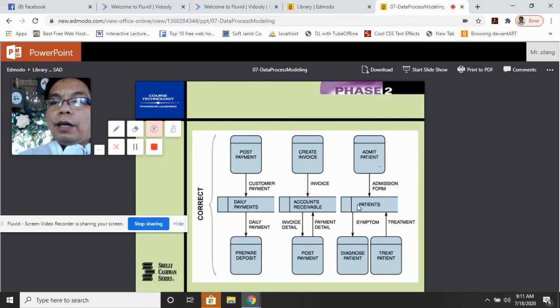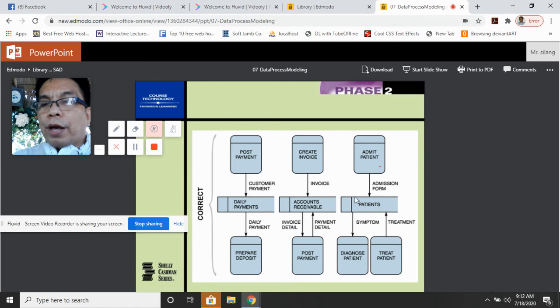Let's take a look at patient. When we admit a patient, the admission form will be stored inside a database or maybe an index card or something. For every symptom reported by the patient, we may diagnose, then we treat, then the treatment will be stored.